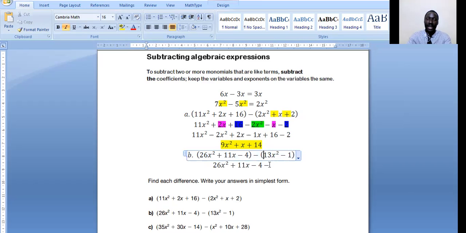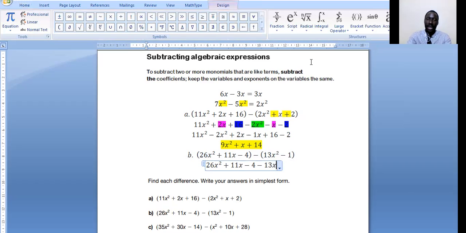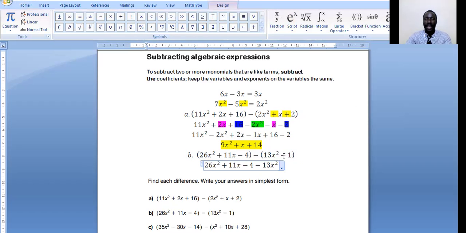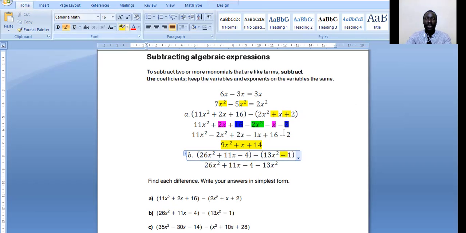So that we have minus 13x squared. Then also this minus sign, notice that when we multiply the negative which is outside with the negative which is inside, it becomes a positive. So it will now be plus 1.